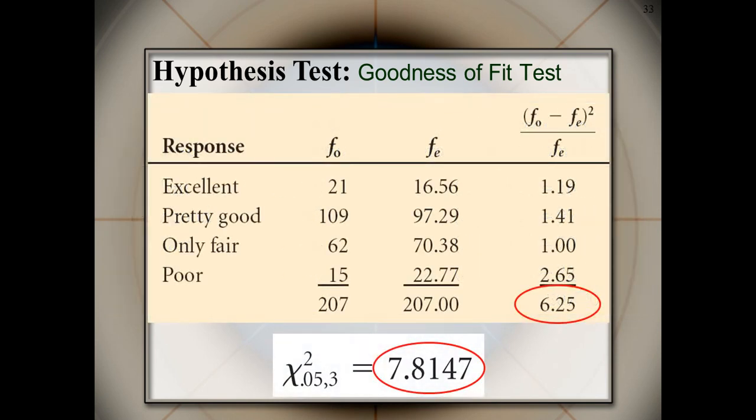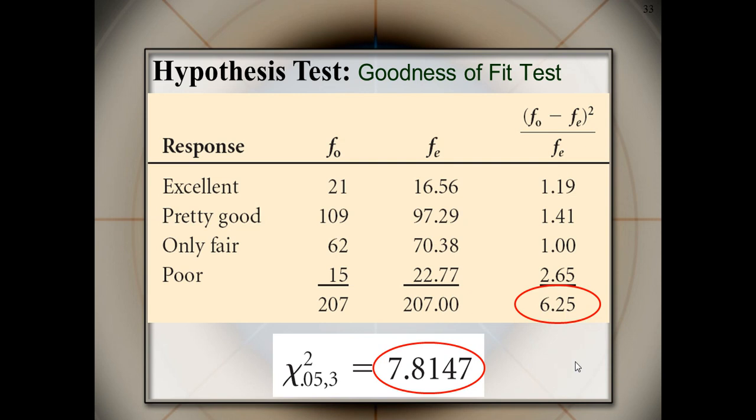Now with this FO and FE I'm comparing, and I find the difference: 21 minus 16.56, that difference squared and divided by 16.56, I'll get 1.19, and so on and so forth. The summation of that is 6.25. This is my computed chi-square.